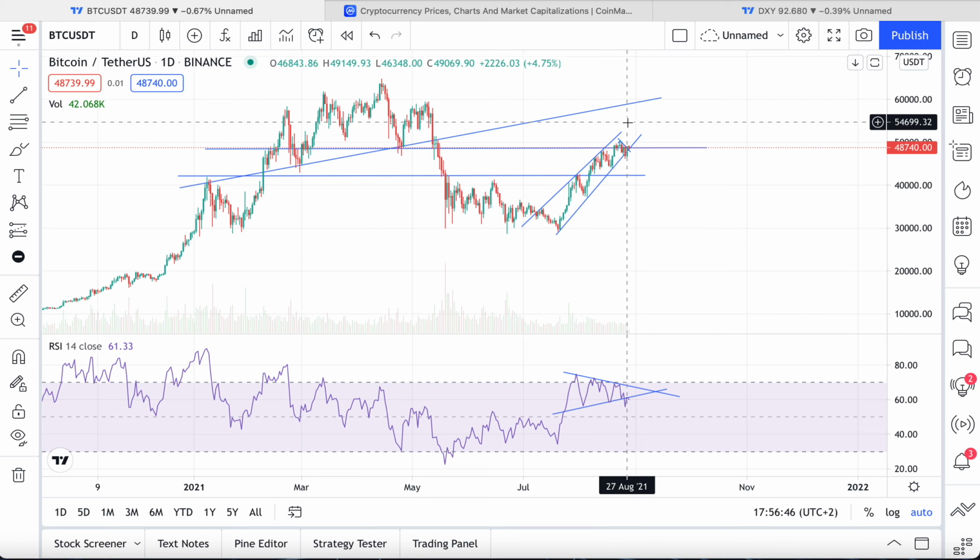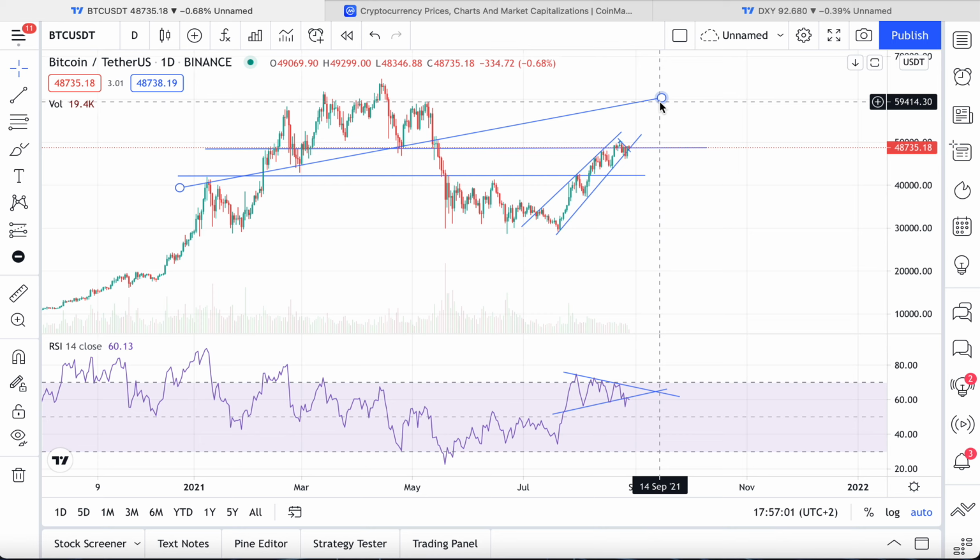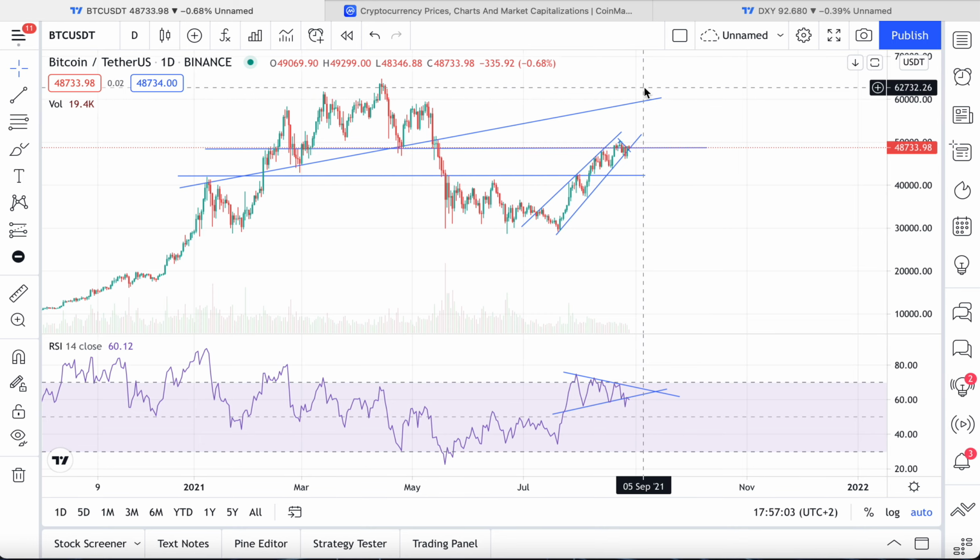I know that if you just want to see the market all the time green, all the time going up, which most people like to see in this market, you probably don't like what I'm saying, but I have to say it to you because I'm honest with you. I mean, it could go up if it breaks this line. I don't know, for example, if it breaks here, it will be 59,000.